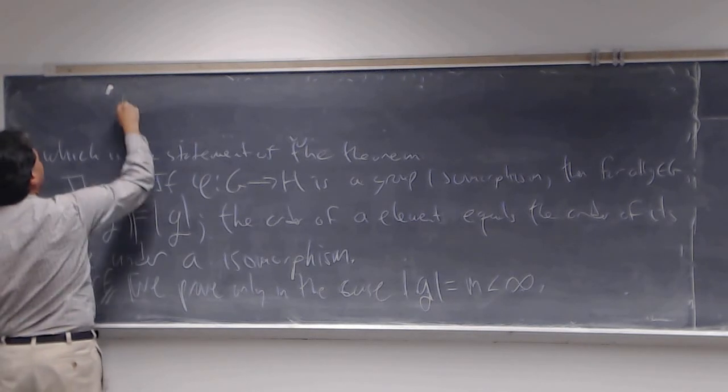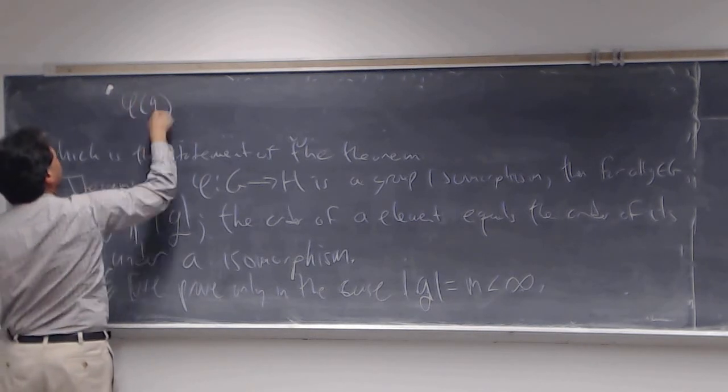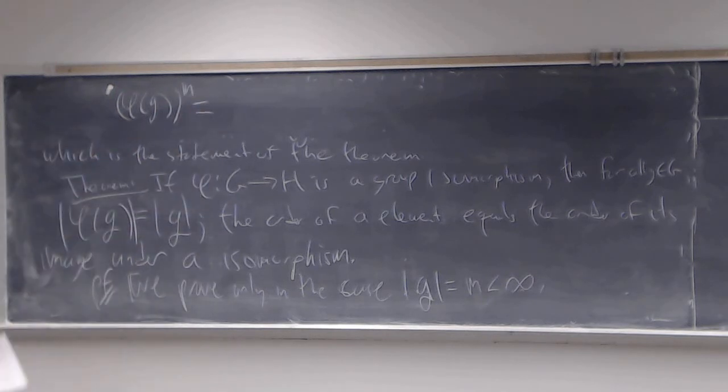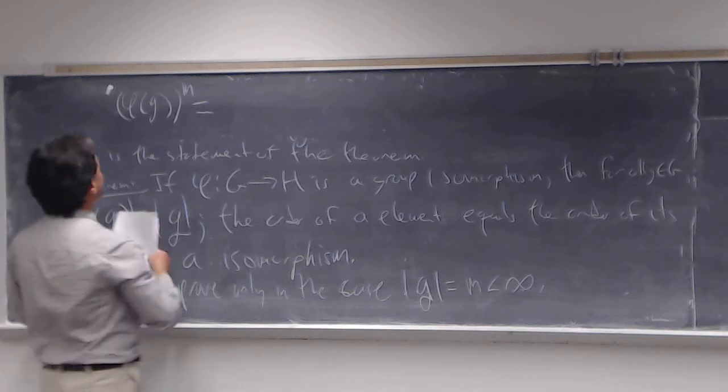So if we look at phi of G to the m, something we'll just take informally that it's clear, it must be proven by induction. If you have a product of two elements under homomorphism, you can multiply them first. If you have a product of any amount of elements, you can all multiply them together.